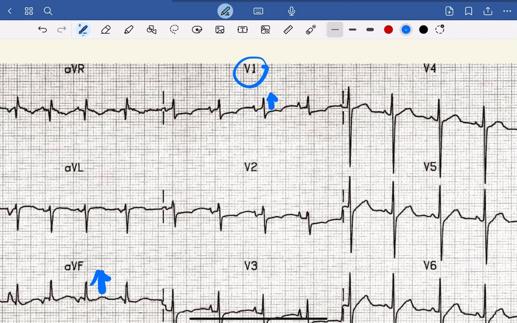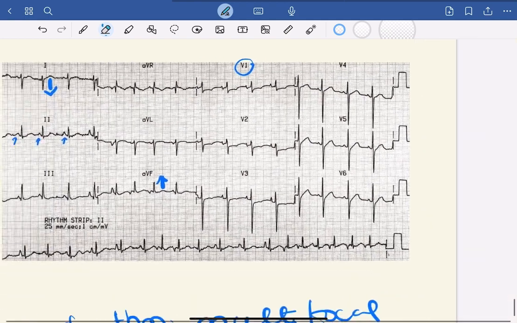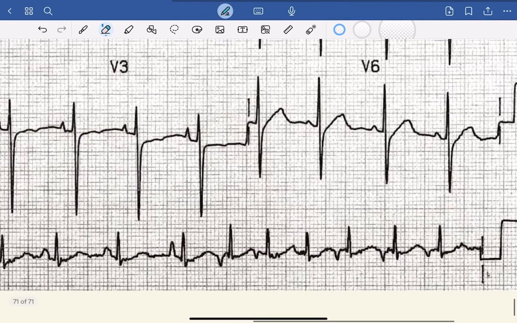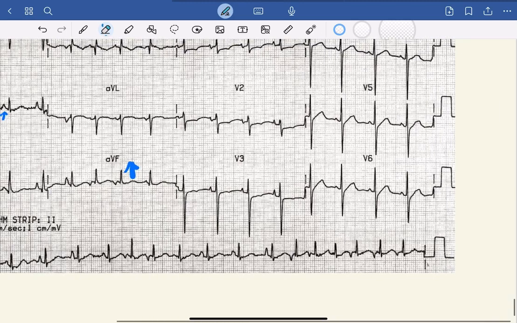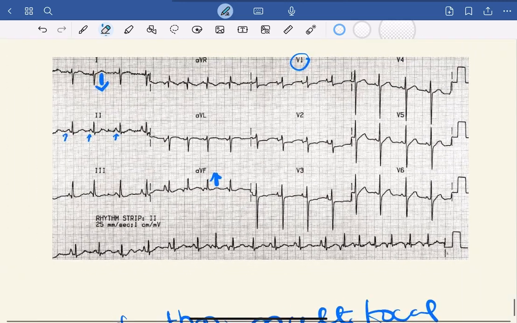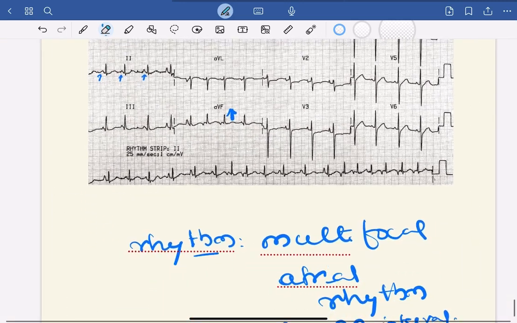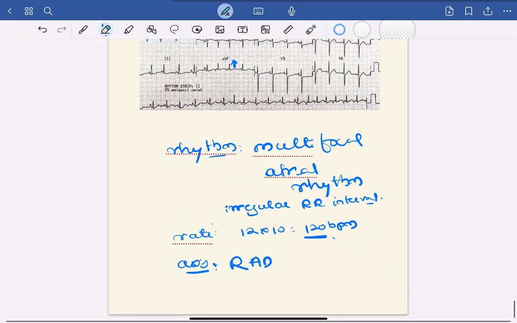It's almost 1, 2, 3, 4 mm. And here deep V6, S wave in V6. See here, 1 big box, 2, 3 boxes. So 3 means 15 mm. 15 plus 4 is 19 mm, which is more than 7 mm. So RVH is present.